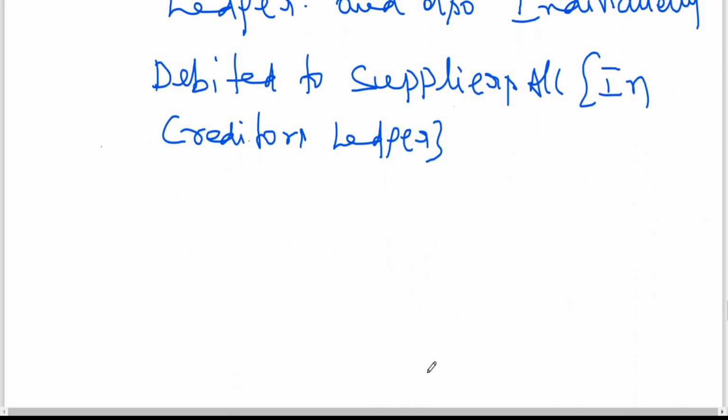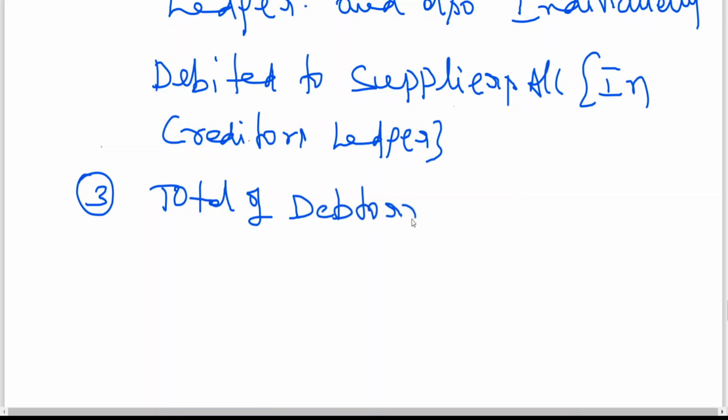Next, third point. Total of debtors, say total of sales day book.